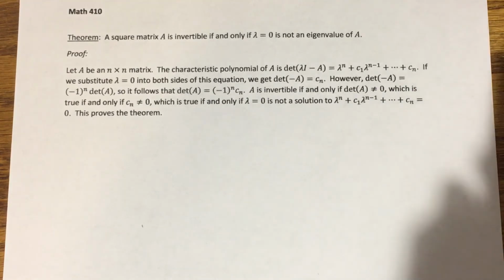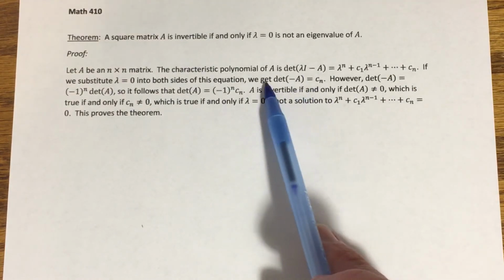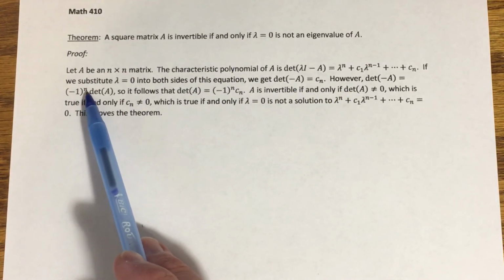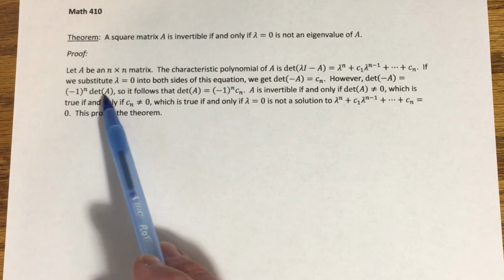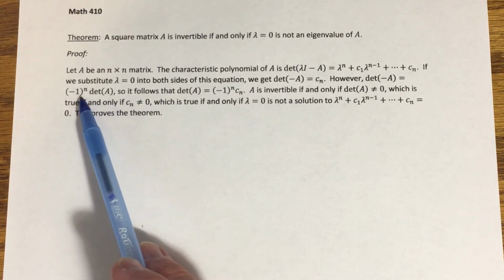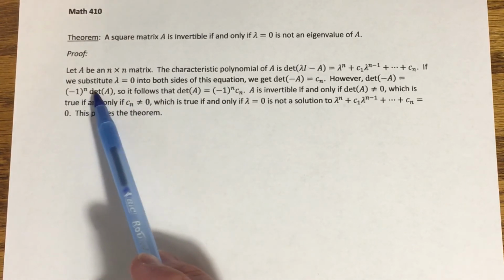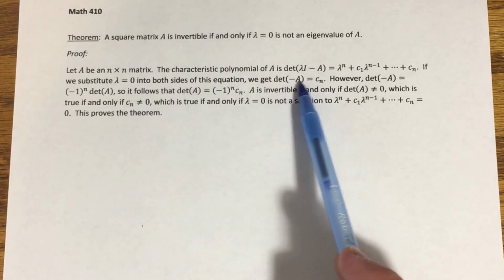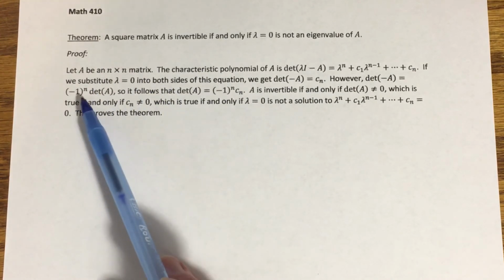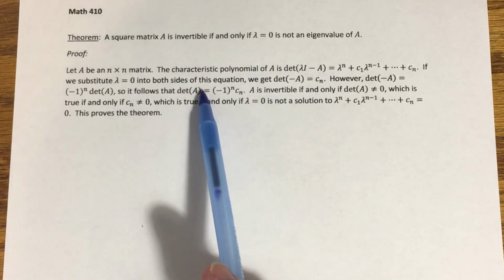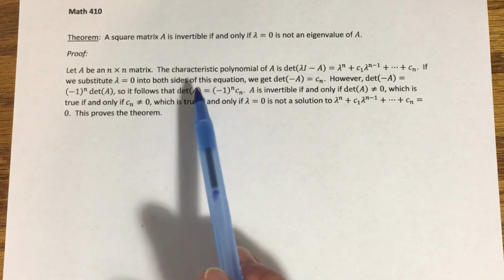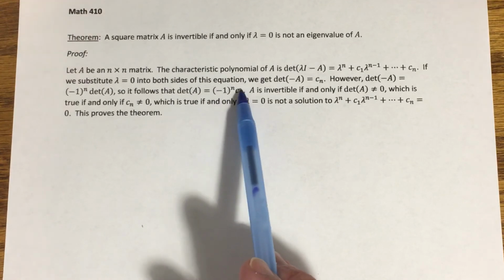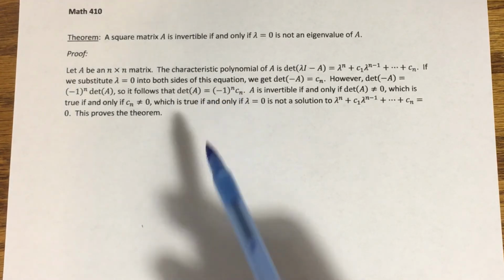If I pull -1 out of each one of those rows, I can bring it out to the front of the determinant, and I'll have a total of n of them, leaving me with -1 to the nth power outside here, times the determinant of A. So now, if I take this and replace the determinant of -A in this equation with that, and divide both sides by -1 to the nth power, that effectively just puts the -1 to the nth power over here. And now what I'm seeing is that the determinant of A is equal to basically plus or minus that constant term, depending on what n is.